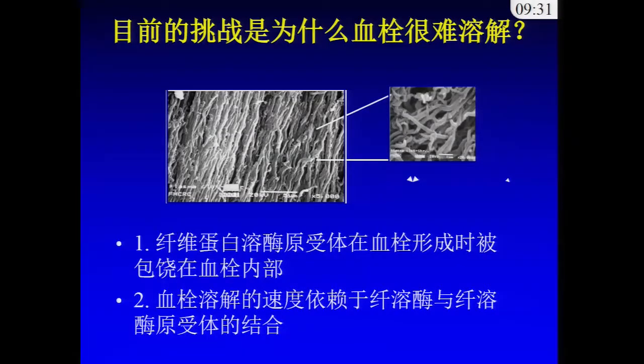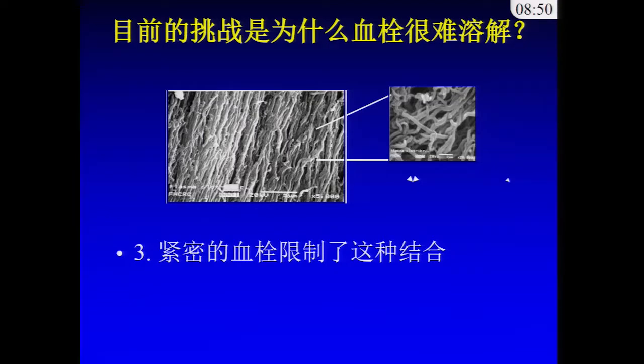The reason we use this special technique is that we use ultrasound to facilitate the movement of the medication. Plasminogen receptor sites are embedded deeply into the thrombus during formation, and the speed of lysis depends on the ability of the thrombolytic therapy to reach or access these plasminogen sites.